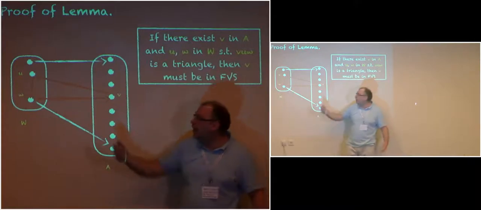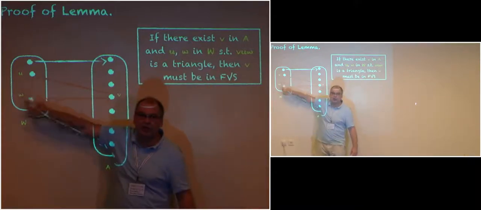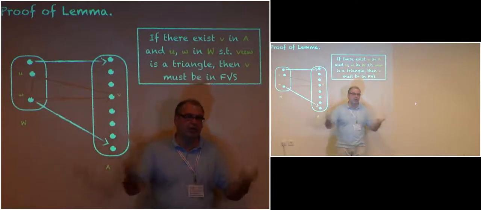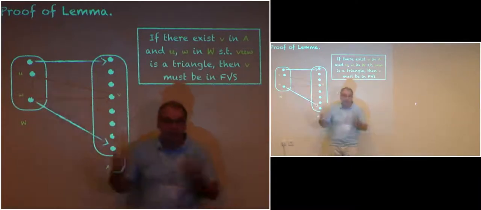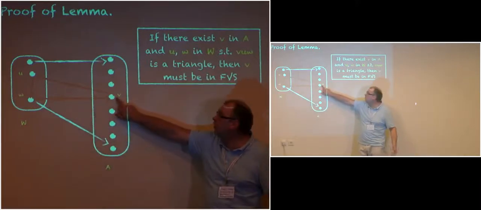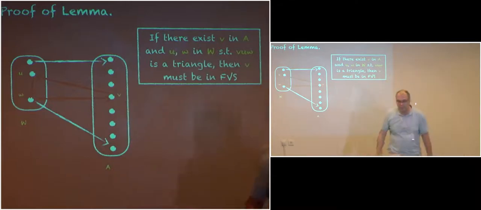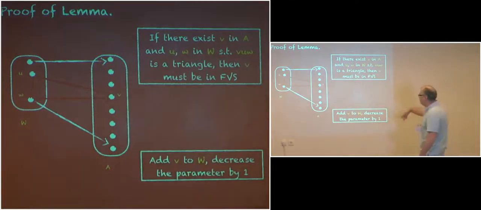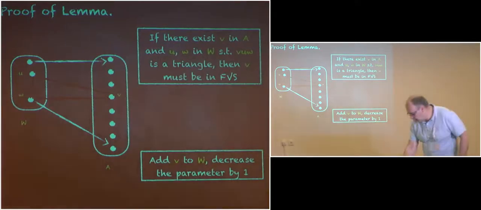I cannot take any of these two, because by my assumption they cannot go into the solution. So the only way to kill this triangle, the unique way, is to take this vertex. I have to do it, no other way. So I go through these triangles, add such vertices to my solution, and decrease the parameter by 1.